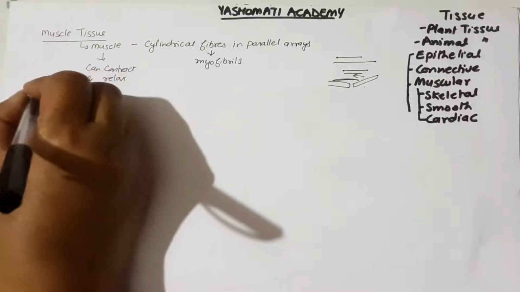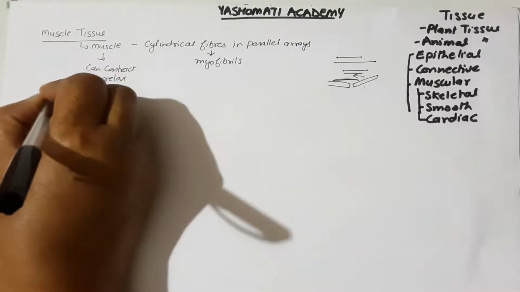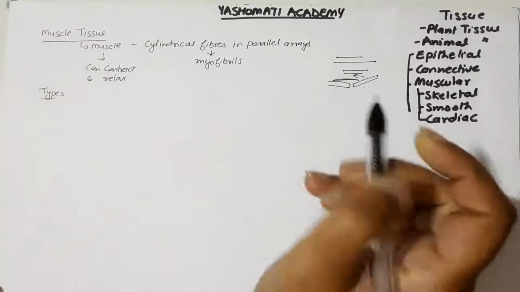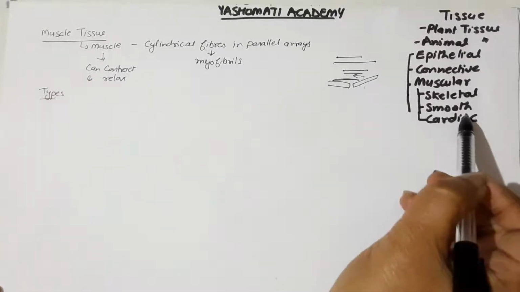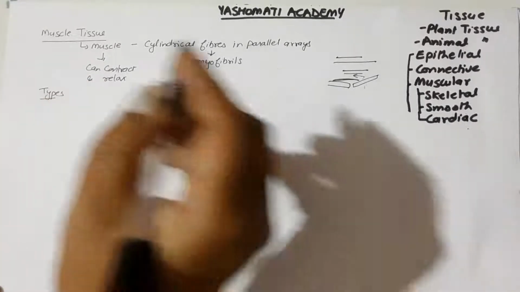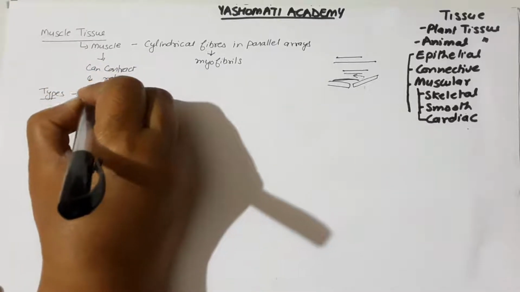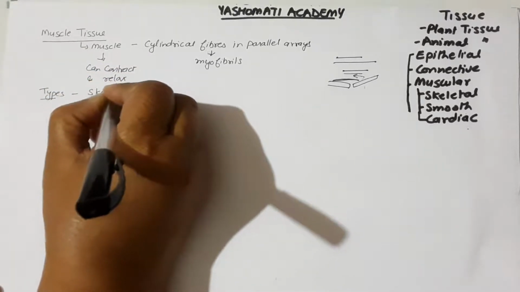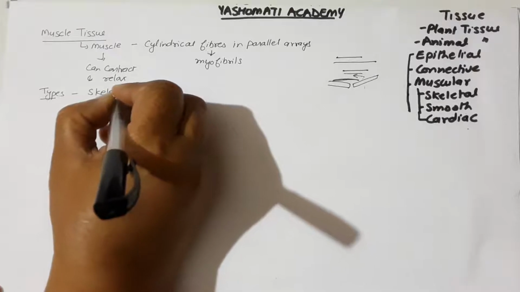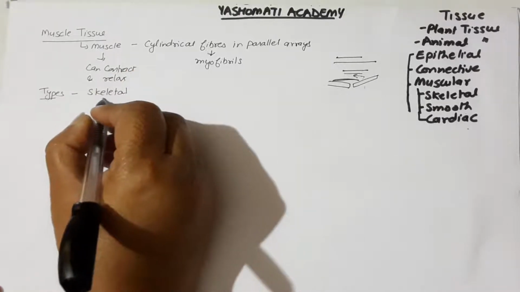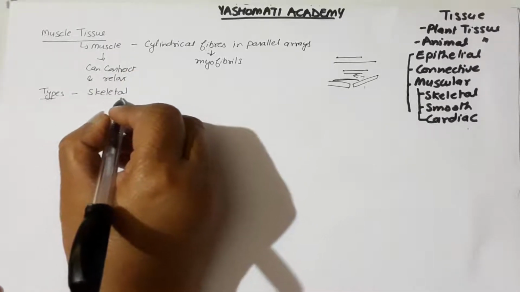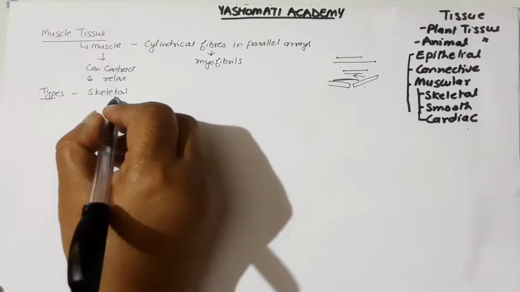Muscles are of three different types. That is skeletal muscle, smooth muscle and cardiac muscle. Skeletal muscle, as is clear from the name, is attached to the skeleton, that is bones.